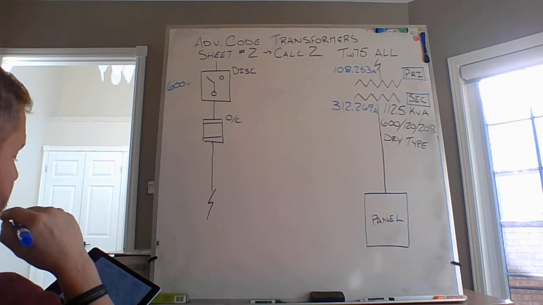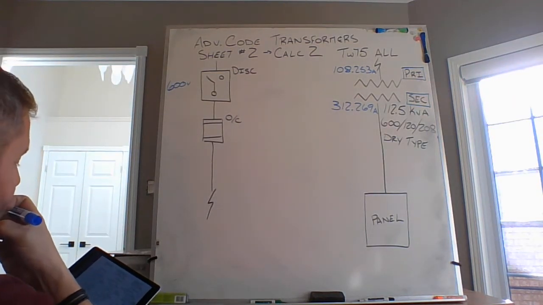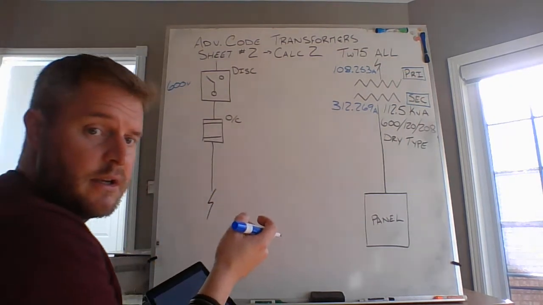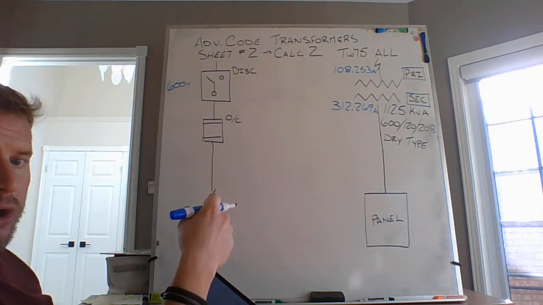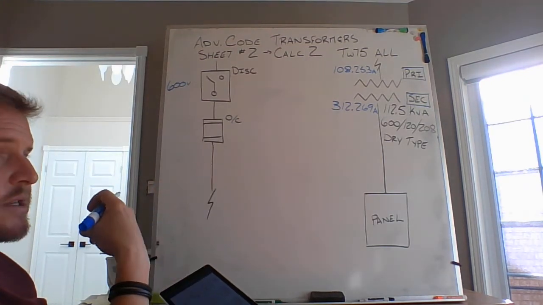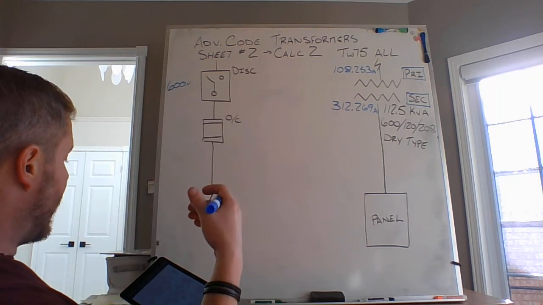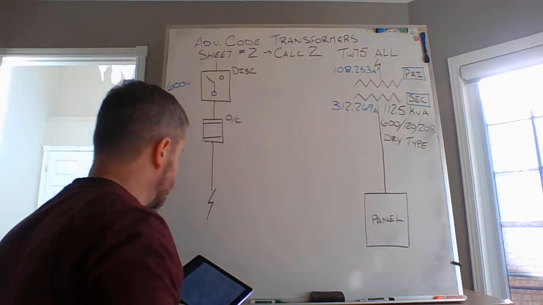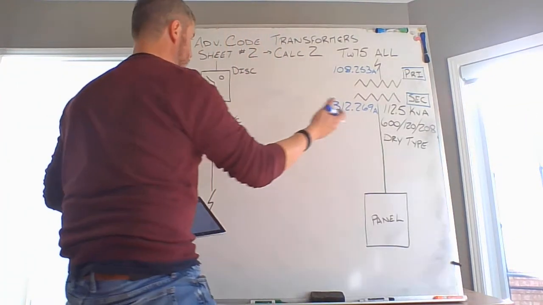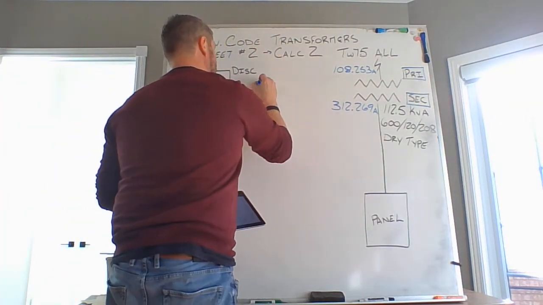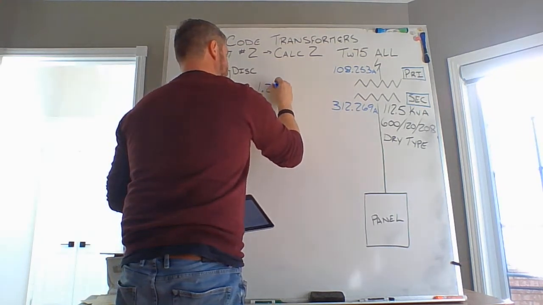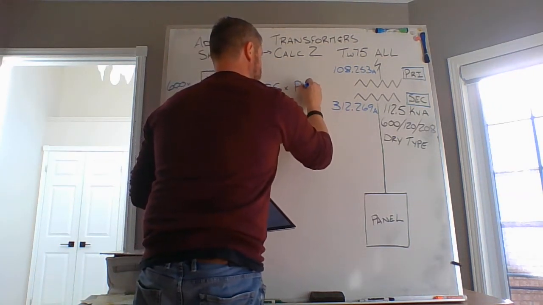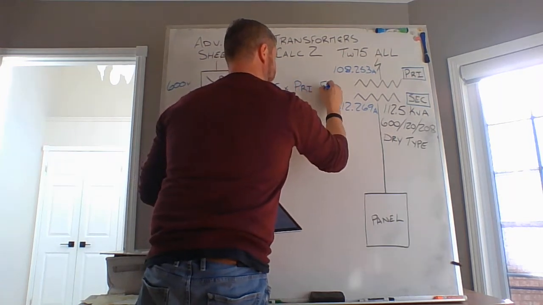Okay? To size my ampacity of my conductors to go from my disconnect to my overcurrent, from my overcurrent to the primary side of my transformer, I have a simple multiplier. And that simple multiplier is going to be 125%. 1.25 times my primary FLA.